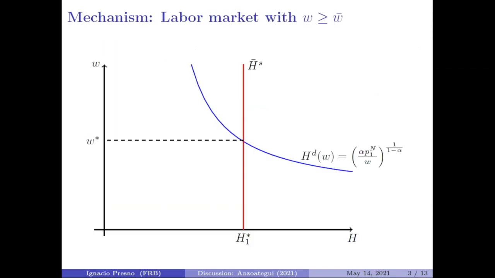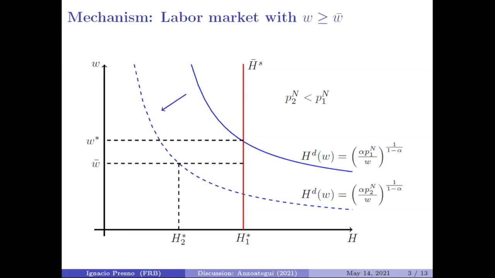I'm going to first show you what happens in the labor market. Here, probably many of you have seen this several times. What we're plotting is labor supply and demand as a function of wages. Here I'm assuming that the labor supply in red is fixed, and the labor demand by firms is in blue. As the relative price of non-tradables drops, we're going to have a downward shift of the labor demand.